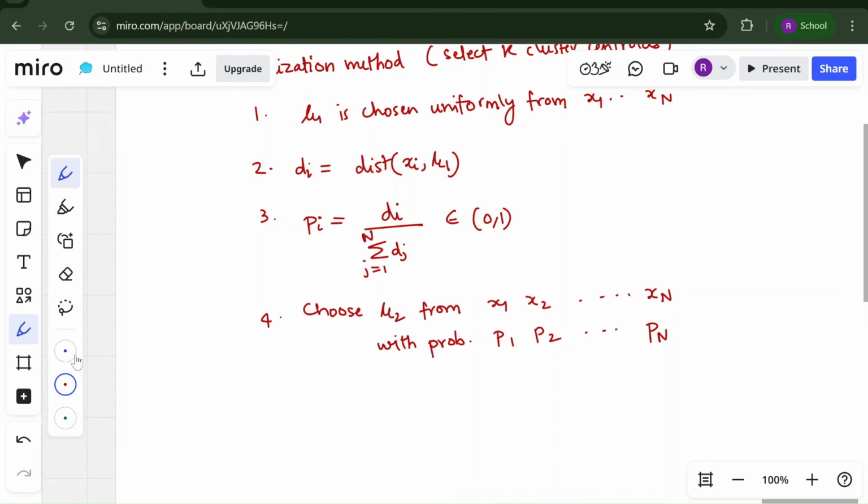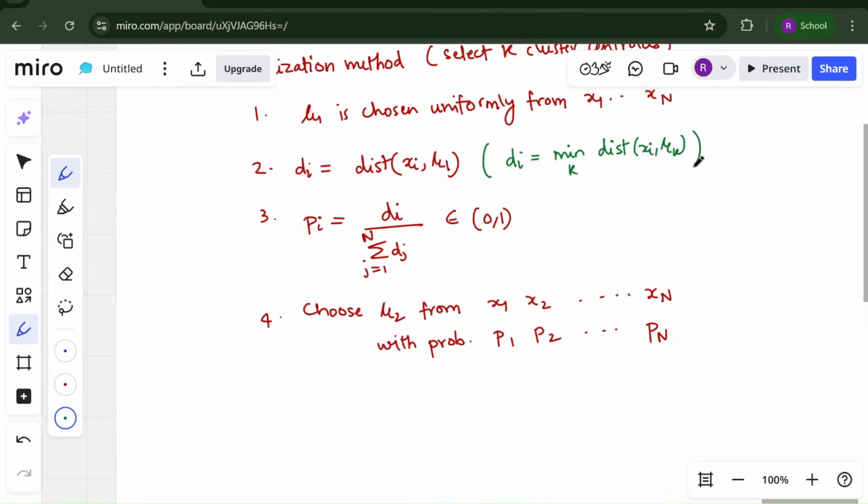But now you might think, hey, what if you have chosen one, or what if you have chosen three centroids, right? Then how do you compute di, right? In that case, you compute di as the minimum of all the distances between xi and, let's say, mu j or mu k, minimization over k.